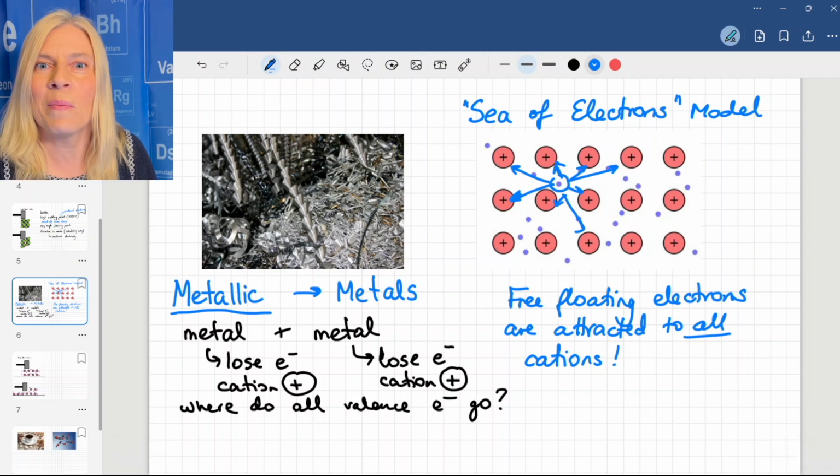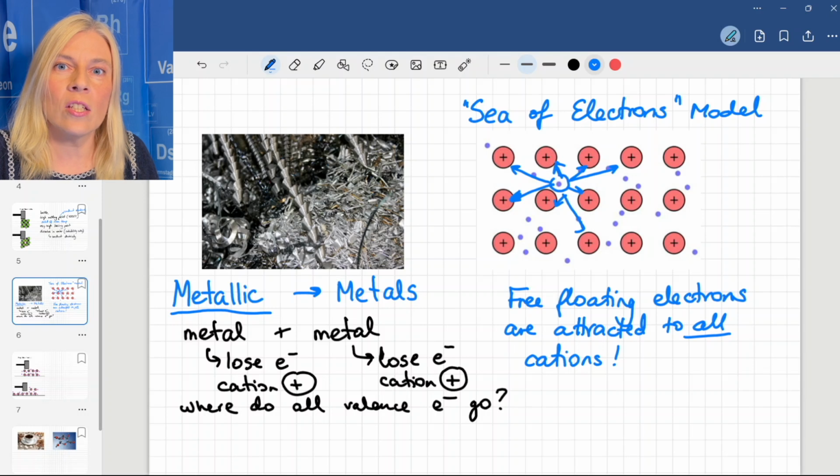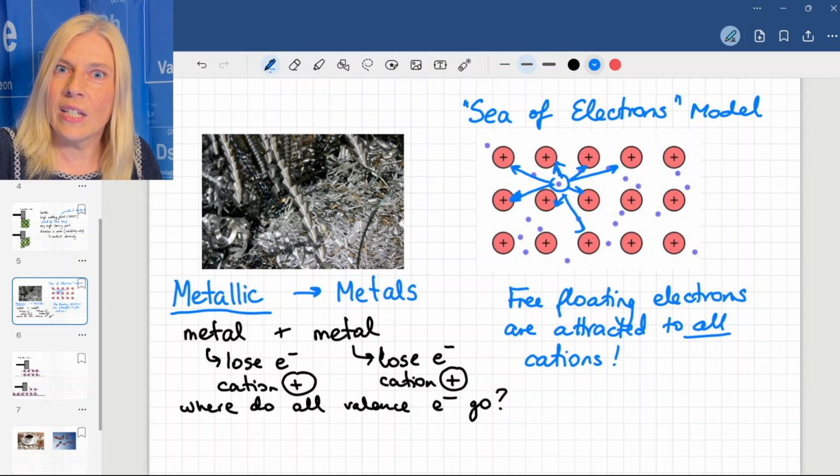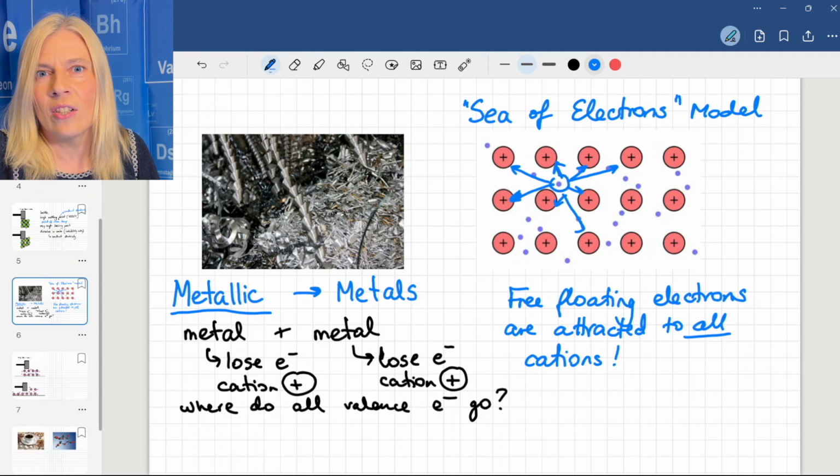Okay, let's explore some properties of metals. What happens when we hit a metal? Remember, when we hit a salt crystal, it broke, it shattered. What happens when you hit a metal? Well, it dents. It doesn't shatter.